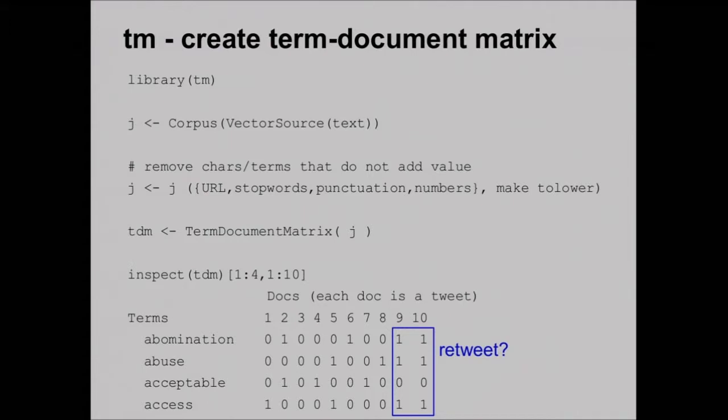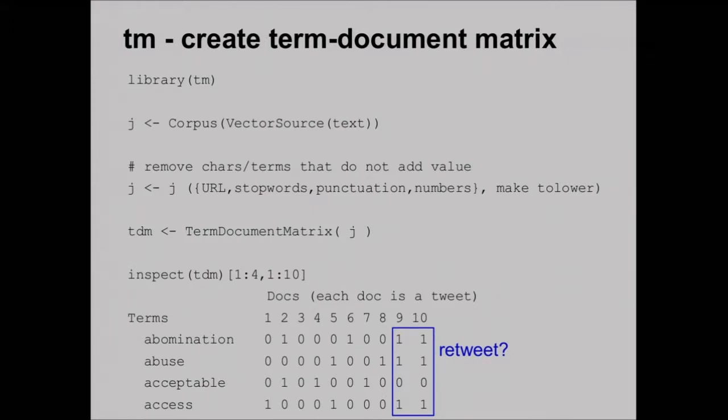A term document matrix is basically just a simple matrix. Each word has its own row, and it can be any number of rows depending on the total number of words in this corpus. And each of these columns is a document, or in our case, a tweet. So we can see that, for instance, the word acceptable was not located in tweet number 1.